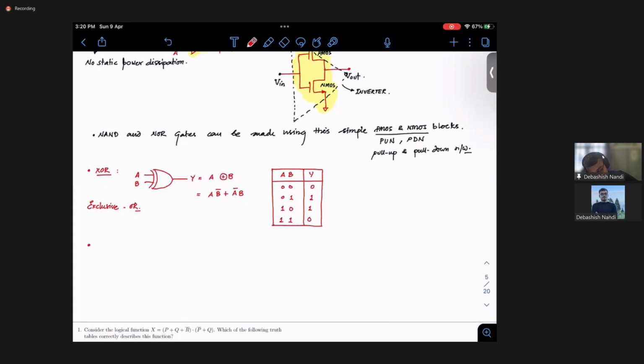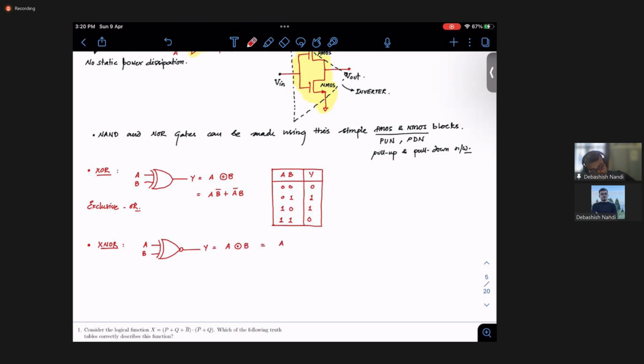Similarly, you can have XNOR gate where you have the symbol something like this. You have a bubble at the edge. So you have something like this. Okay, the symbol is like this.